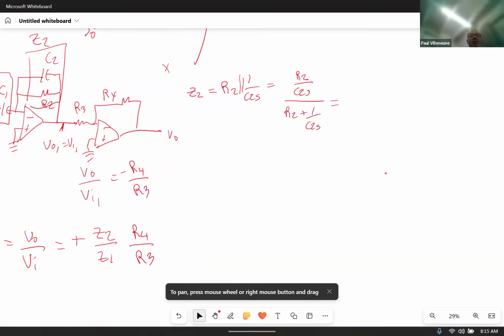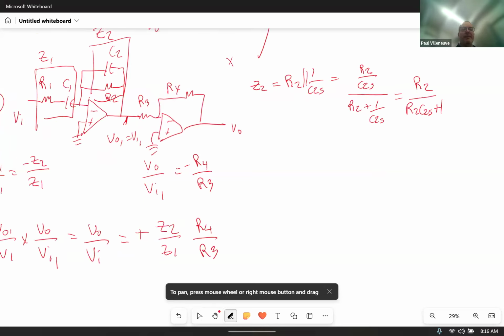We common denominator the numerator and invert and multiply. That's what we get, right? I didn't show the common denominator stuff. We did that a bunch. If anybody wants to see it, let me know. But that's the process for doing the common denominator.